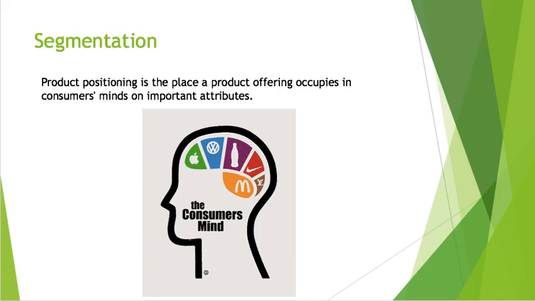Know what product positioning is: the place that a product offering occupies in our minds as consumers on important attributes. So when we're considering a purchase, we have certain brands that automatically come to mind. That's product positioning, to be the brand that comes to mind.